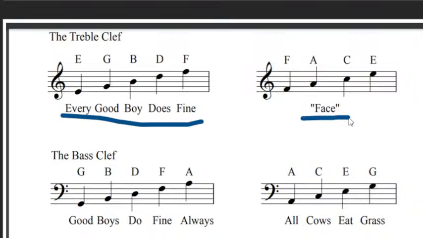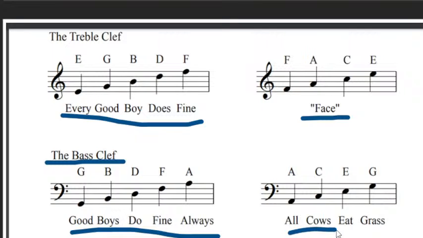Also we say the first space is F, the second space A, the third space C, the fourth space E. Let's go to bass clef. Under bass clef you have G, B, D, F, A, where we say good boys do fine always. That's on the lines. Then for the spaces you say all cows eat grass. So these are the ways of learning this.